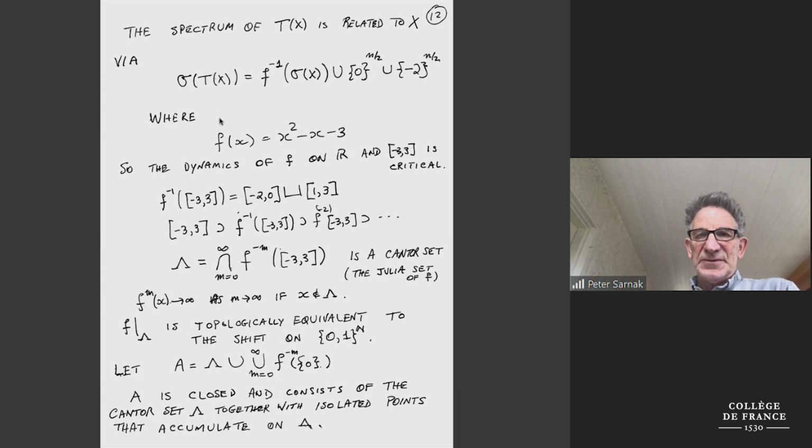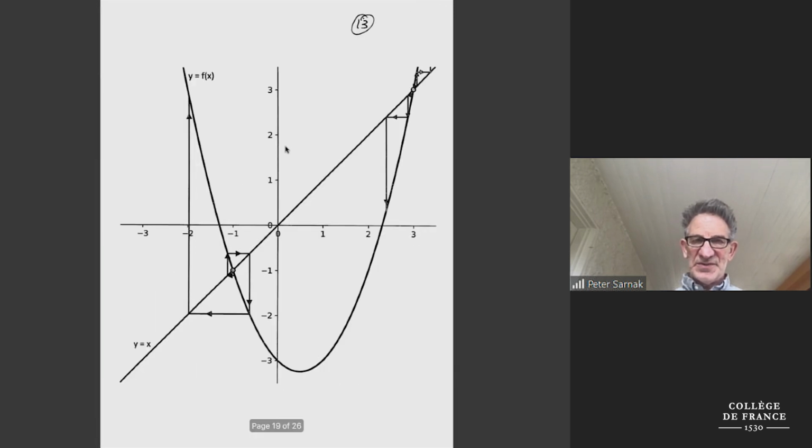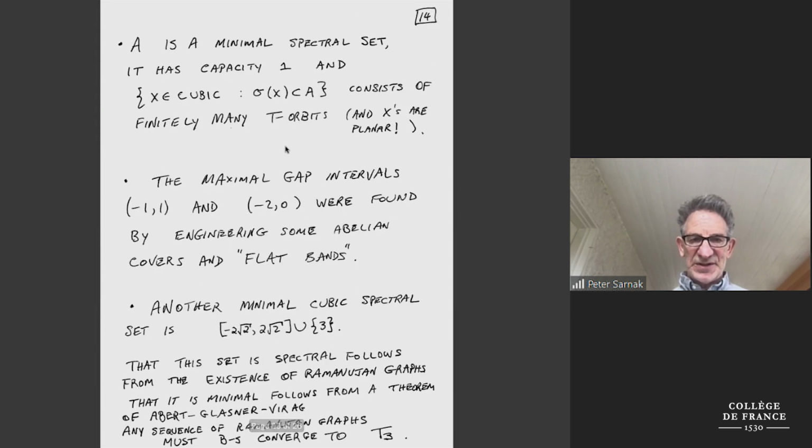And when you do that, you use that relation that I'd written down before between the spectrum of T of X and the spectrum of X. And then to create the gap at any point, we'll end up using rational dynamics of this quadratic map x squared minus x minus 3 in order to prescribe the spectrum suitably at any point C. So it's the tools that come to prove these things come from unexpected sources. So it's kind of nice.